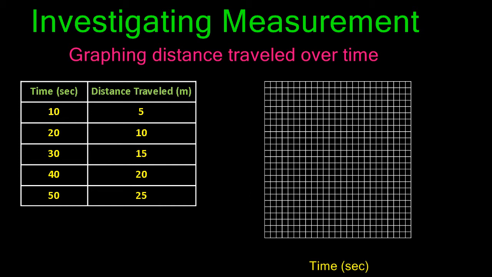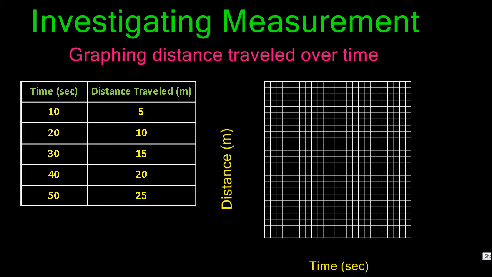The dependent variable, what we're measuring and finding out during our lab experiment, is placed on the y-axis, going up the left-hand side. So we've placed time, our independent variable, on the x-axis, and our dependent variable, distance traveled, on the y-axis.